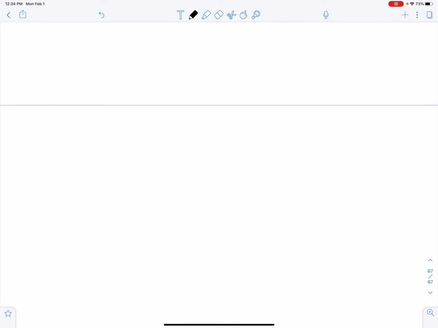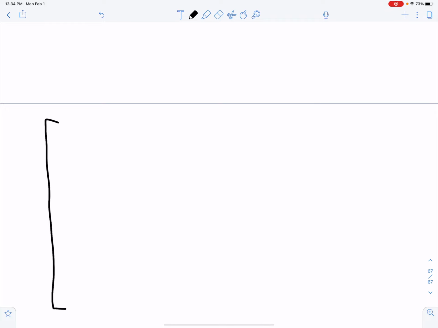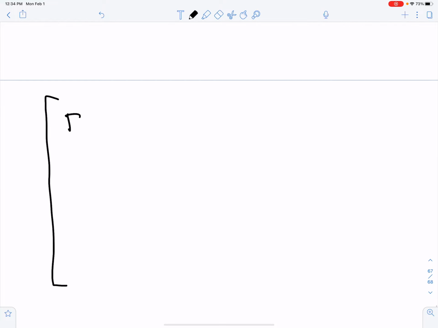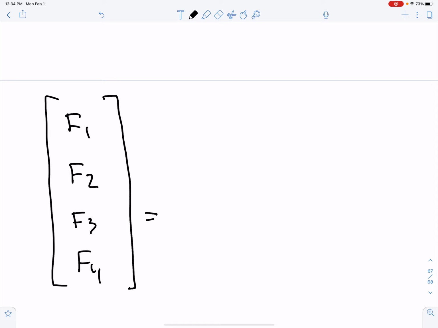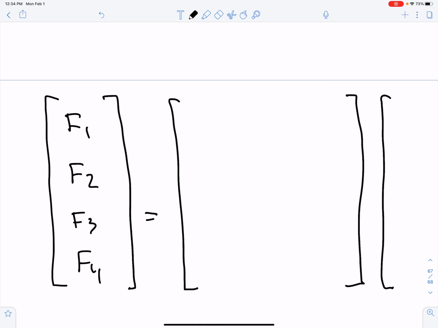Which means that you can package everything into one big matrix vector system, where you write F1, F2, F3, and F4 must equal F prime 1, F prime 2, F prime 3, and F prime 4, like this.